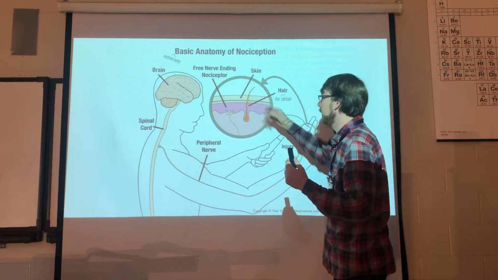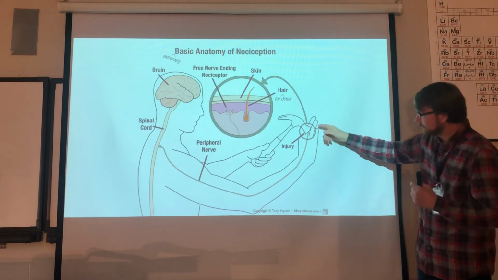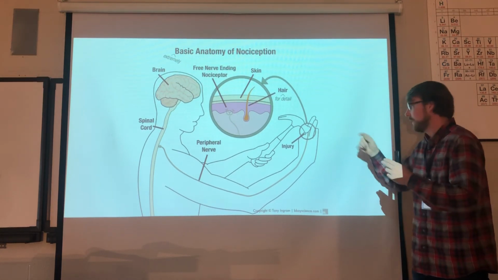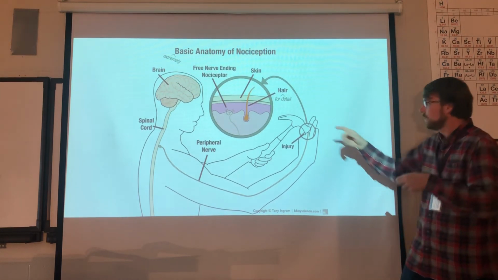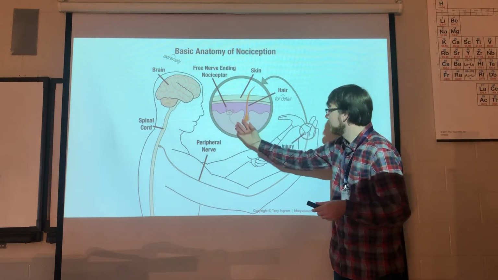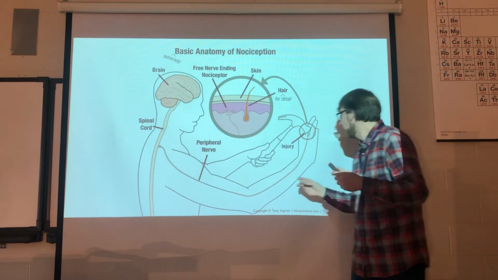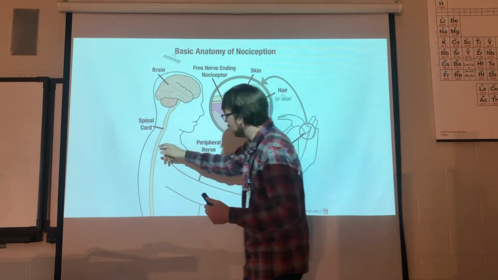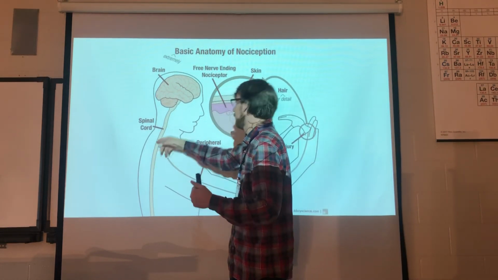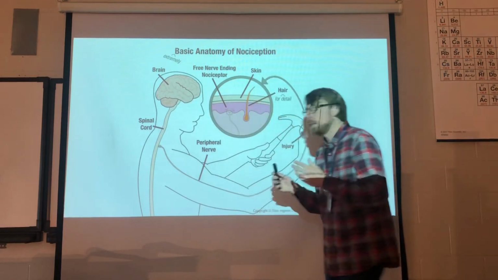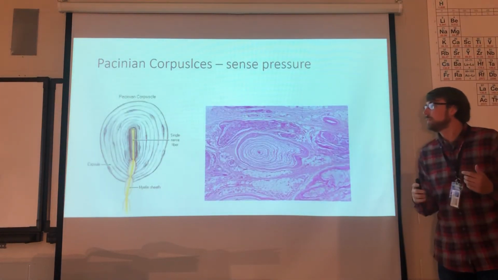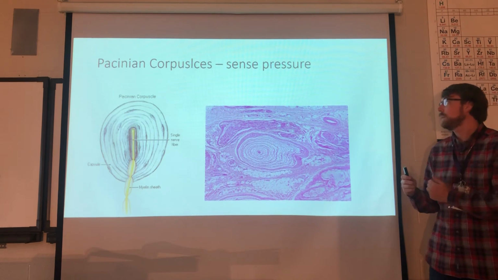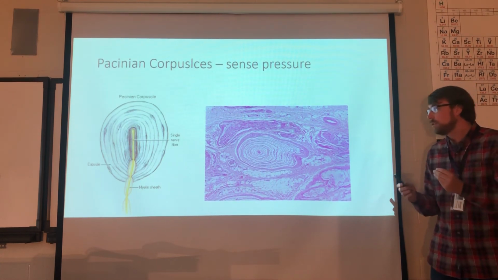Here we're looking at a nociceptor. This guy's been rather dumb and he just smacked his finger with a hammer. That is going to trigger this free nerve ending, this nociceptor. That is going to communicate to a peripheral nerve, which is going to get to the spinal cord. That information is then going to be transmitted up to the brain. There are Pacinian corpuscles. These sense pressure.